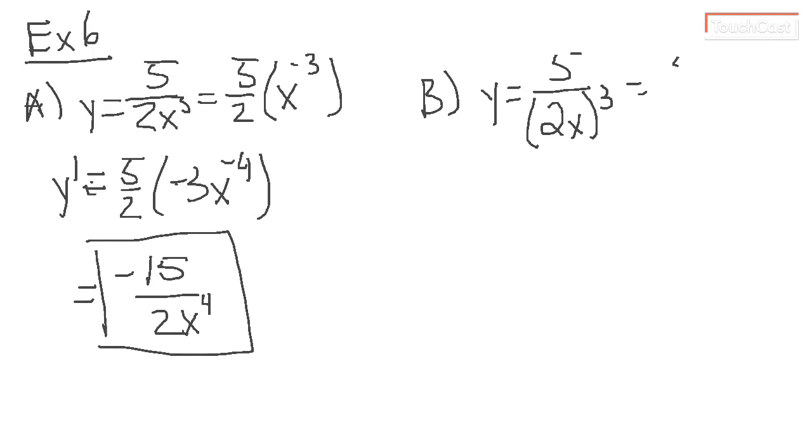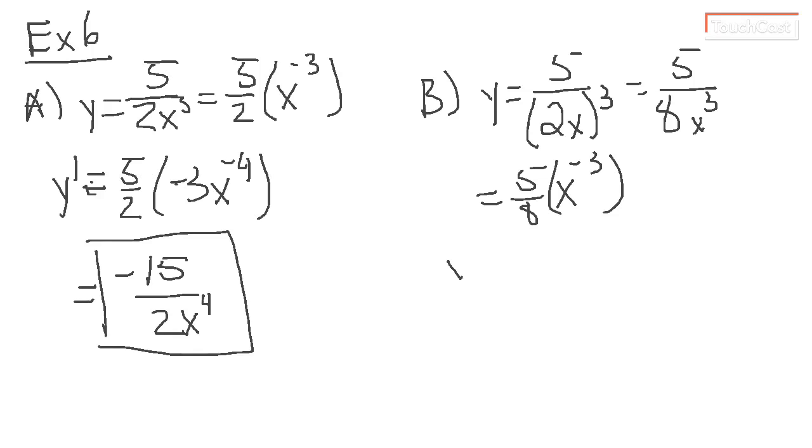So we can write this as 5 over, well, 2 to the power of 3 is 8. X to the power of 3 is x to the 3. Then this kind of looks like our last example. We can rewrite this as 5 over 8 times x to the negative 3. And then we can start differentiating.